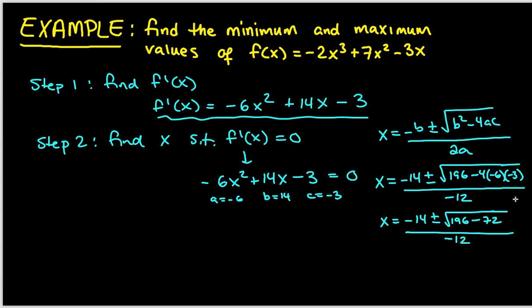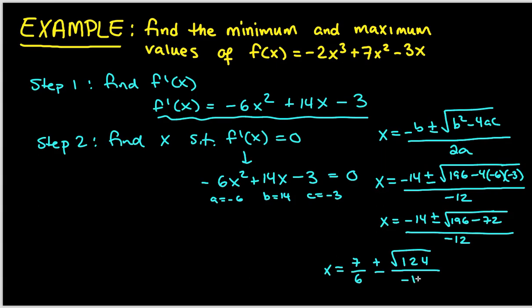We can simplify that, and it can be x equals 7 over 6, because 14 over 12, and they're both negative, simplifies to 7 over 6, plus or minus the square root of 196 minus 72, so that's the square root of 124.